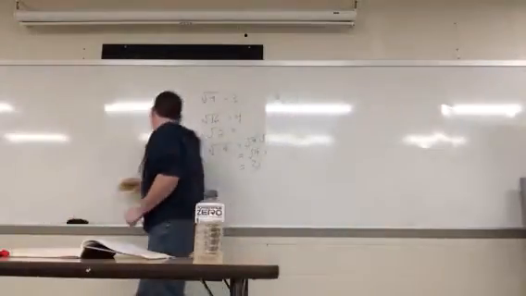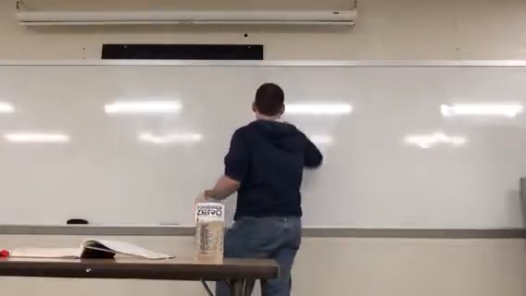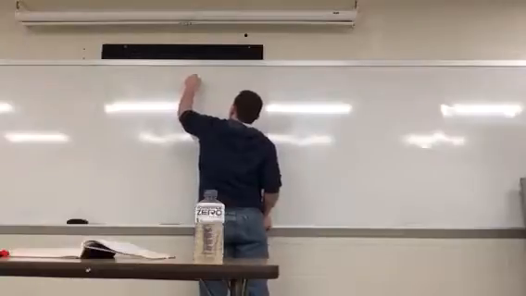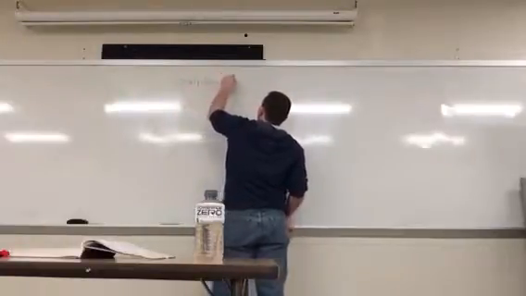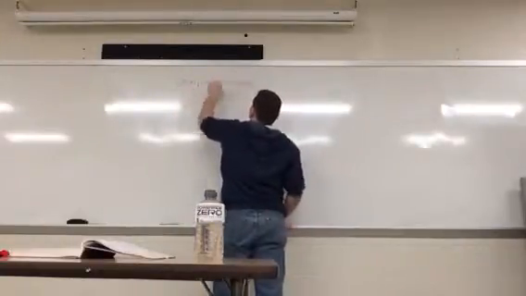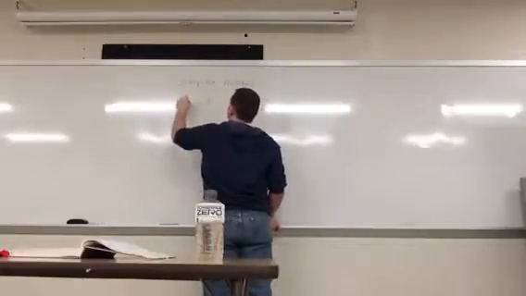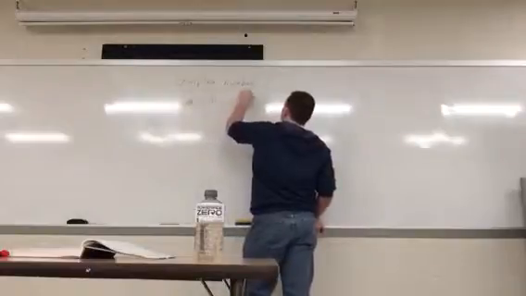Okay, essentially the idea is this. Complex numbers are numbers of the form a plus or minus bi, where a and b are real numbers.